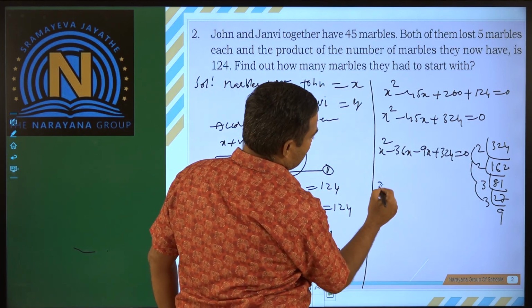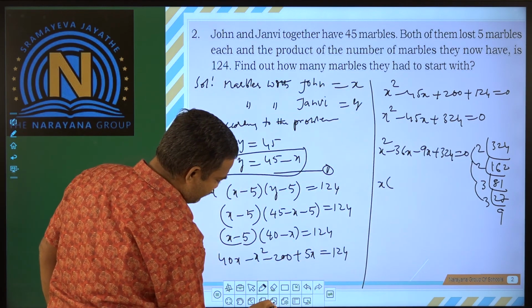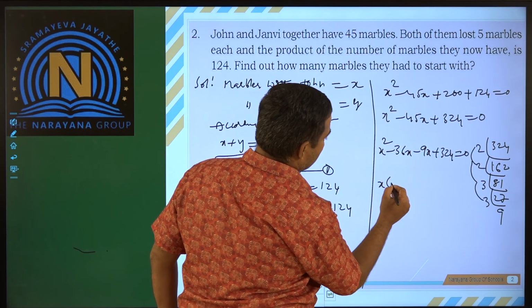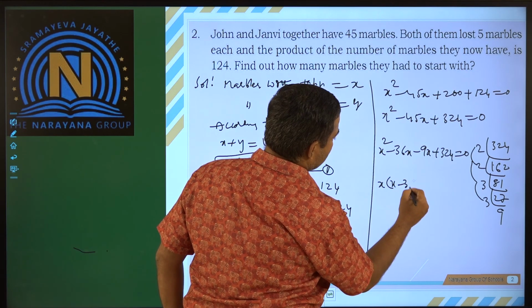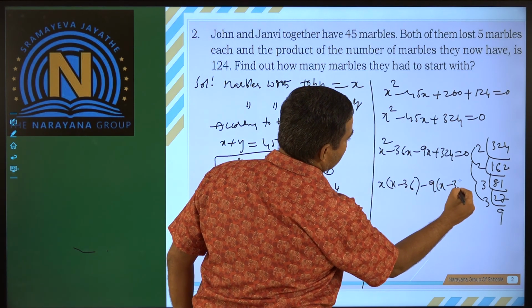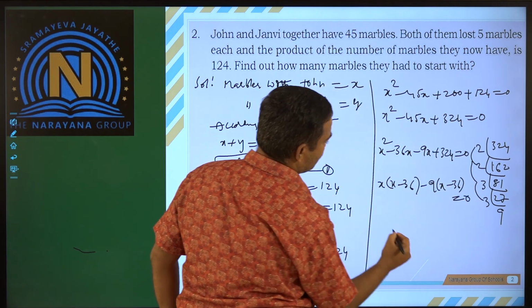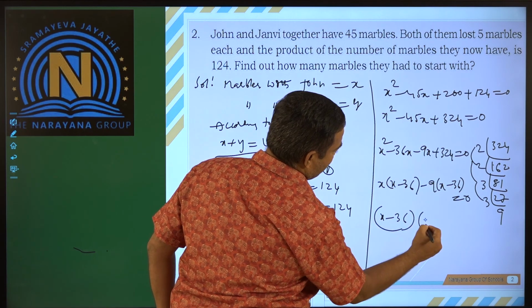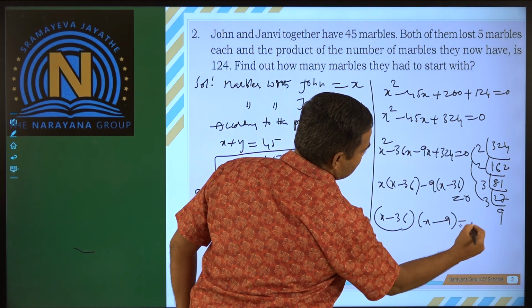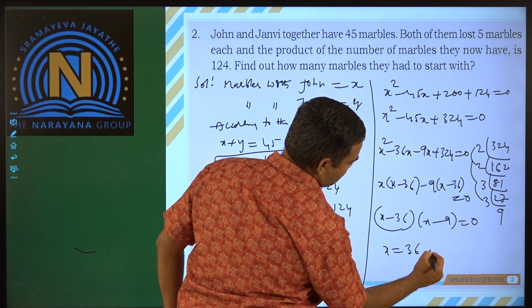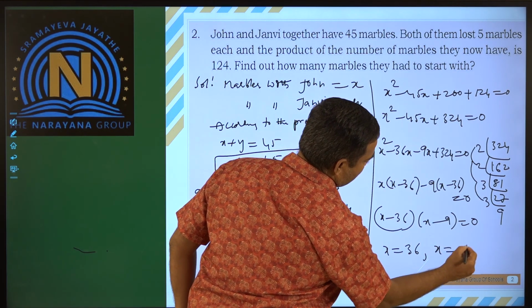In this x common, x minus 36, minus 9 taking common, x minus 36 is equal to 0. Now x minus 36 into x minus 9 is equal to 0. Therefore x is equal to 36 and x is equal to 9.